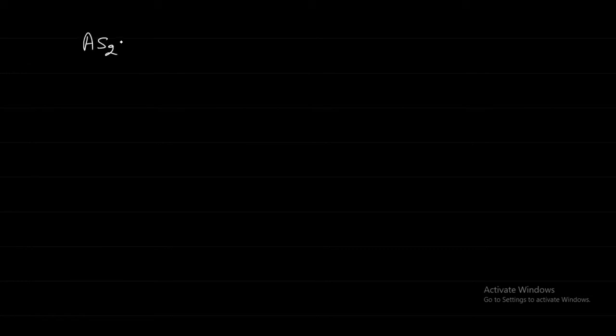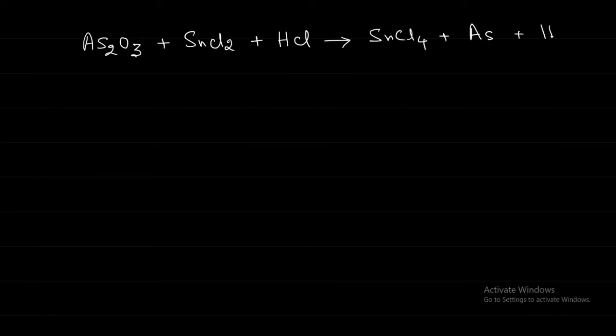Arsenic oxide reacting with tin chloride and hydrochloric acid, giving rise to SnCl4, that is also tin chloride, and arsenic and water. This is the skeleton equation. We have to balance it.